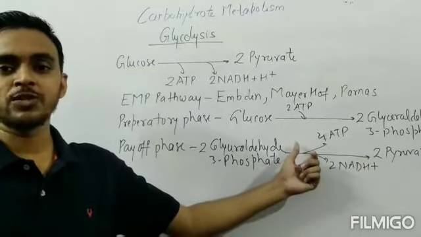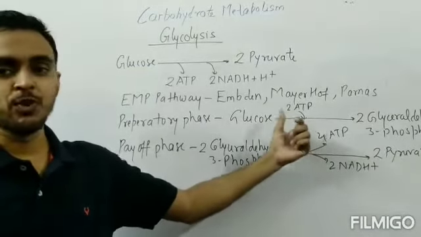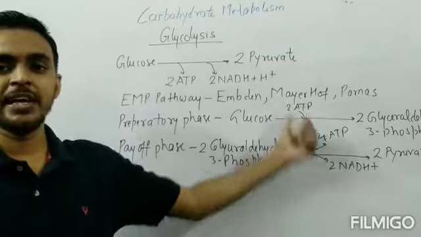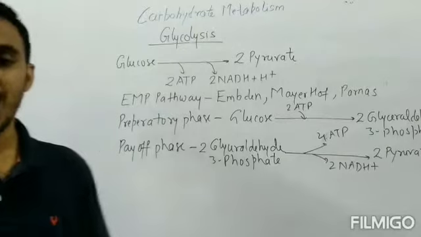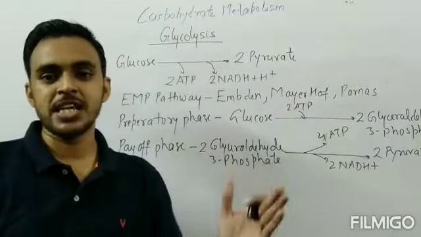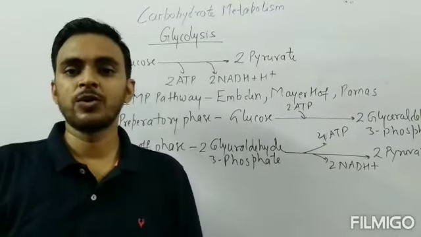We generate four molecules of ATP, but we already consumed two molecules of ATP, so the net gain is two ATP molecules only. Now we will see all the 10 steps of glycolysis.